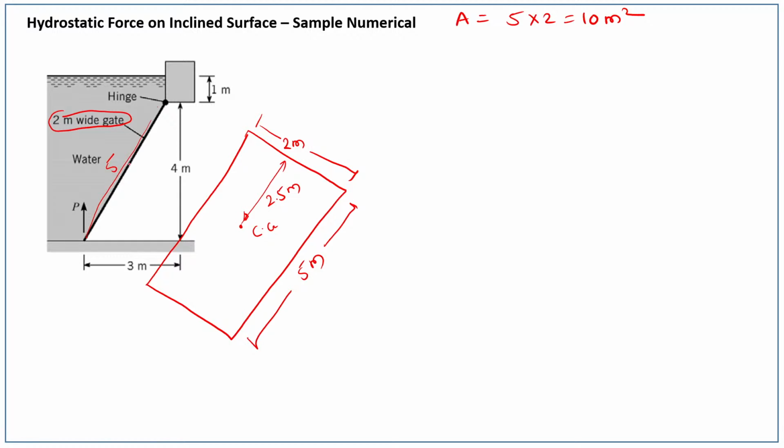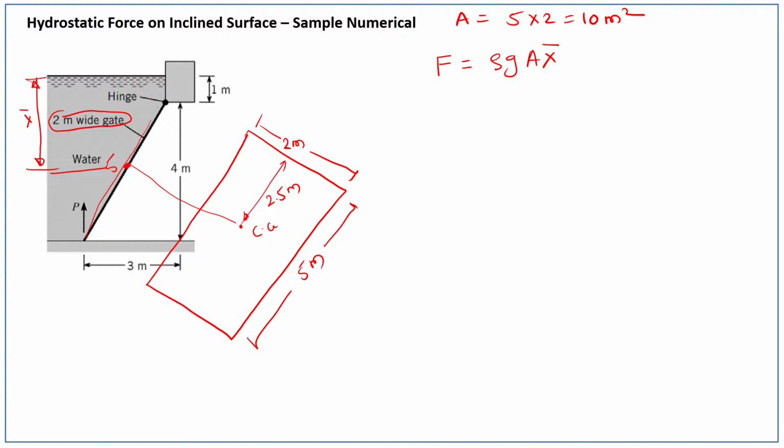So you can project this CG here. Remember, x bar is always the vertical distance from the free surface of the liquid. So this is your x bar. After calculating this x bar, you can find the force, that is rho g A into x bar.